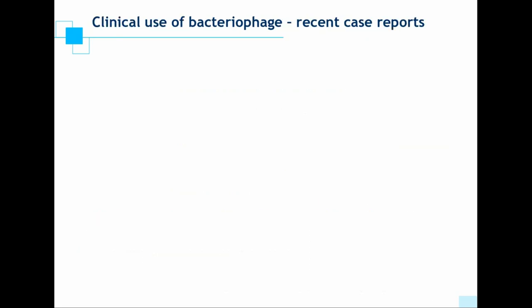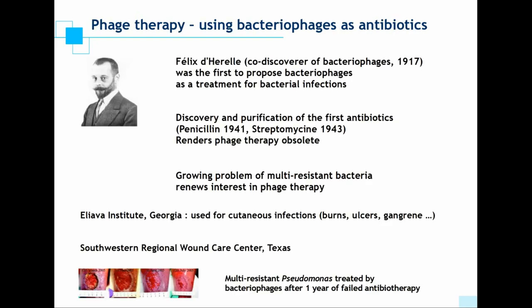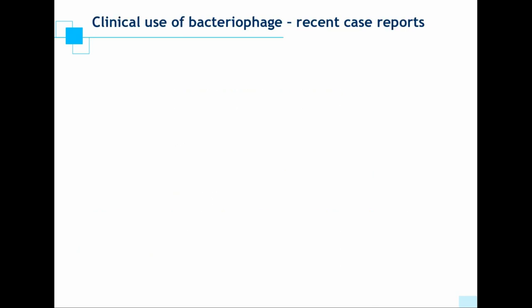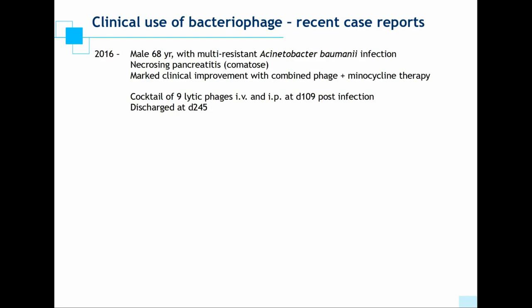Now, what has been new, so this was a little bit of an anecdote, but over the last 10 years, there have been some really amazing stories, isolated case reports of people who would otherwise be dead, but who've been treated with bacteriophage therapy. So in 2016, there's someone who had a very, very serious infection, a 68-year-old man.